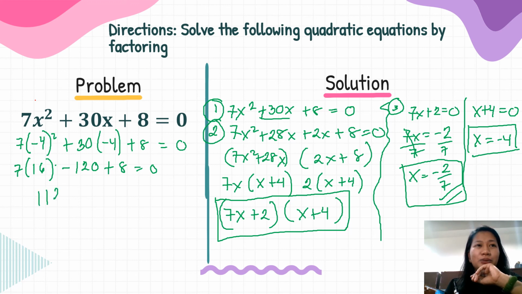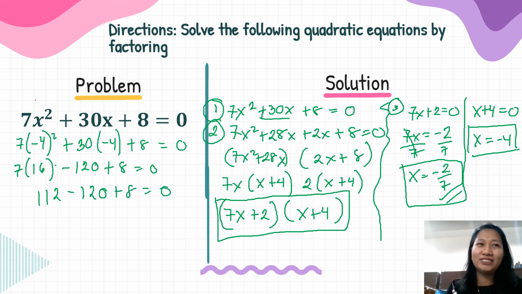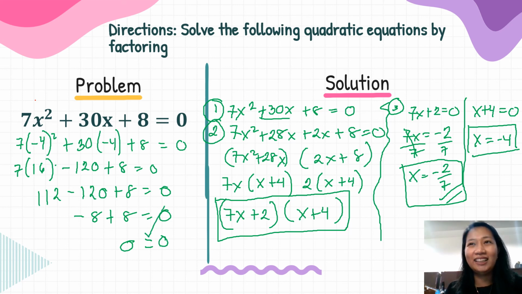That's 112 minus 120 plus 8 equals 0. And 112 minus 120, that is negative 8 plus 8 equals 0. And 0 is equal to 0. And we don't have an extraneous solution. Lahat sila ay solution.